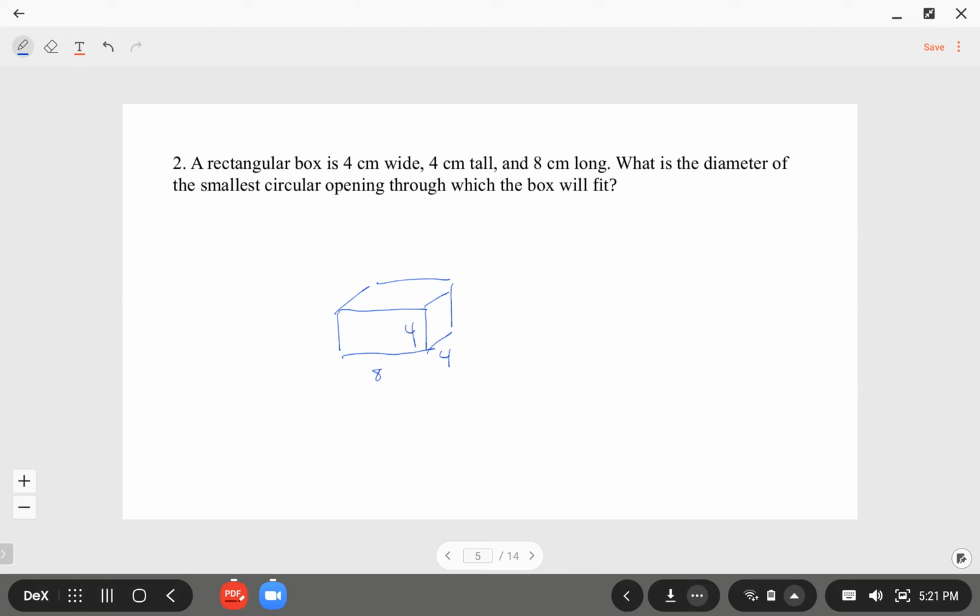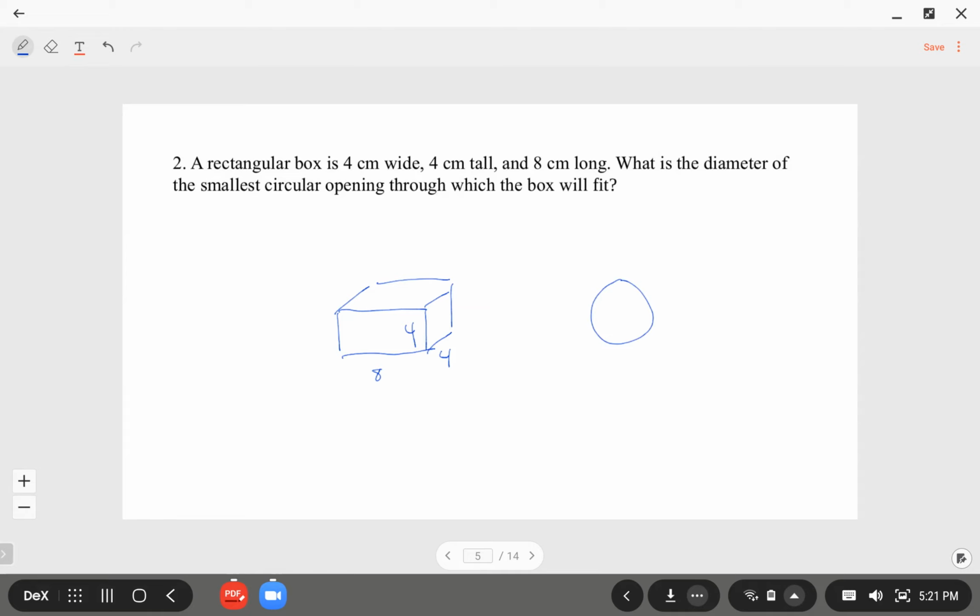So this will be our rectangular box, and we have a hole right here, basically the circular opening, supposed to fit the box through it.